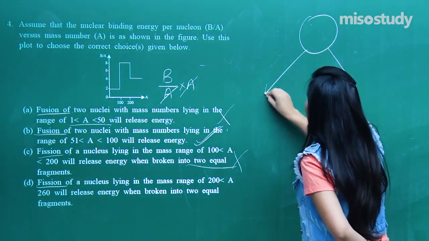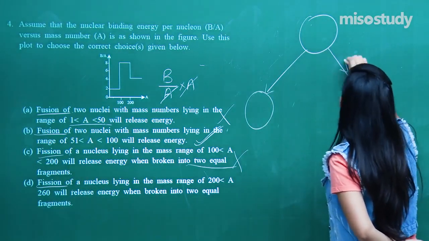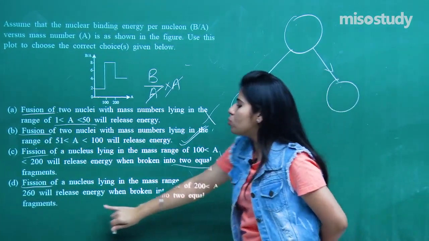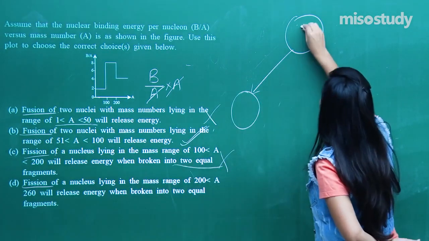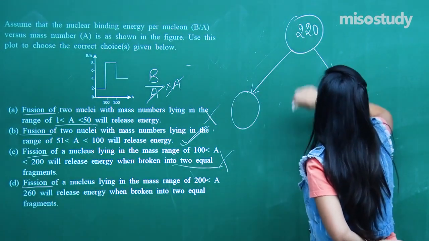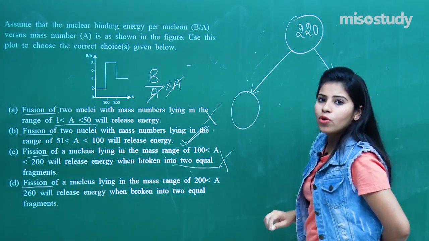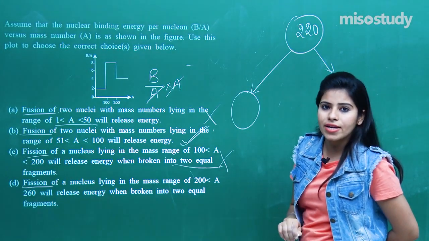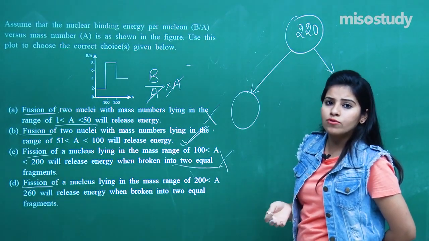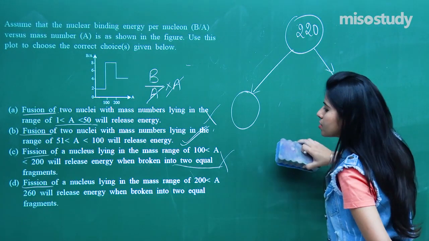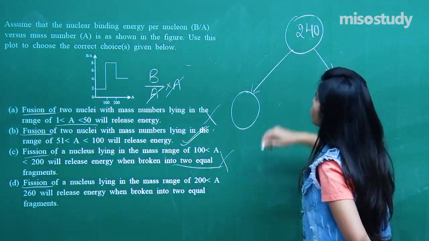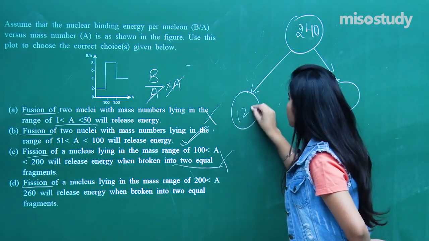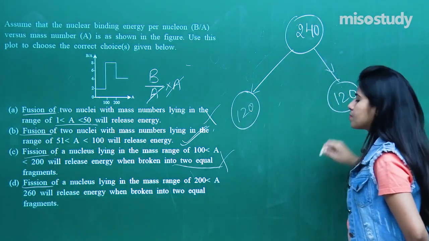In this case, I will consider a mass in the range of 200 to 260. Let me consider the mass as 220. Now, if your mass number is 220, what you have to do is divide it. Okay, let me just consider this as 240, that would be easy. So it will break down into two, that is 120 and 120.